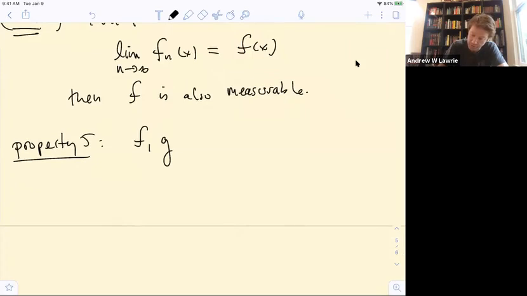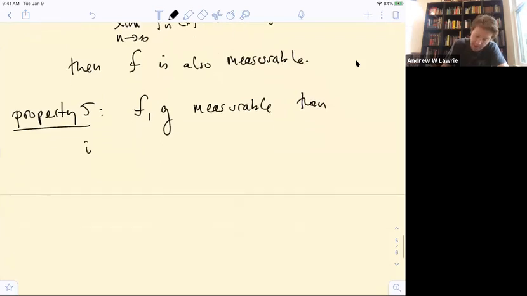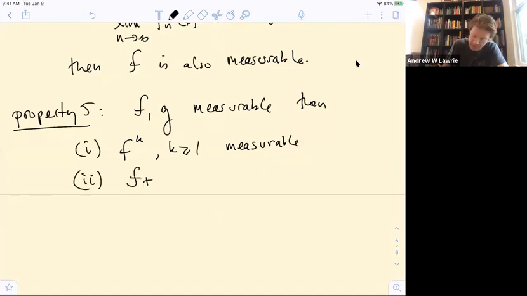Then one, f to the k for k bigger than or equal to 1 are measurable functions, and two, f plus g are measurable, and f times g are measurable.